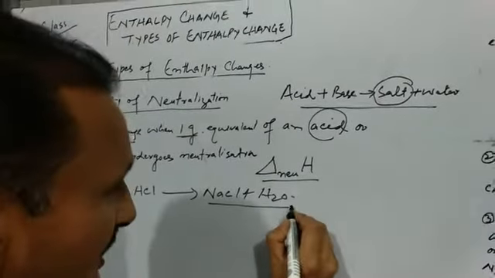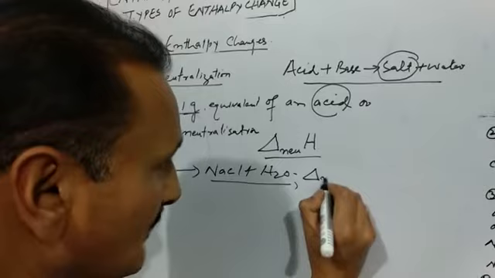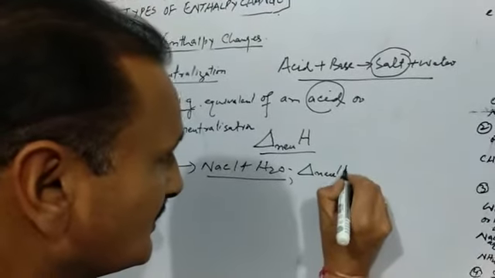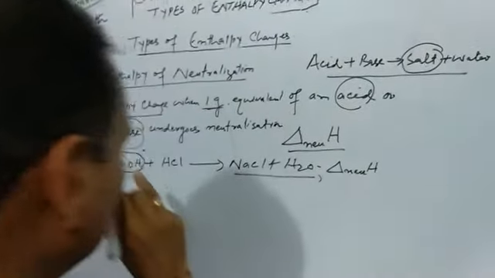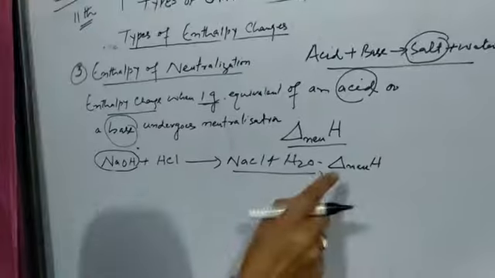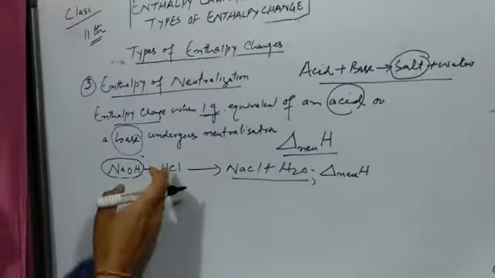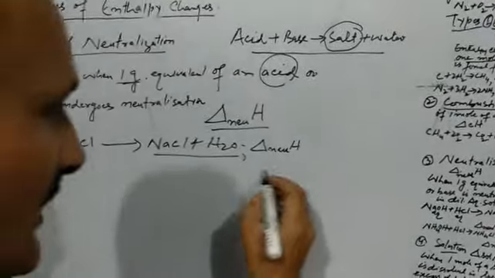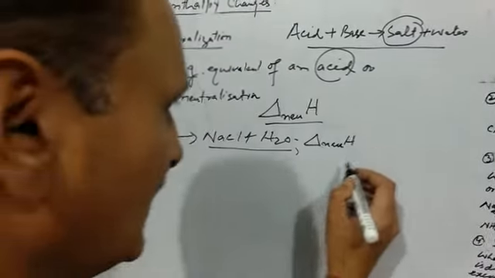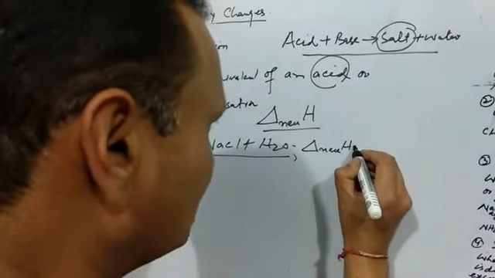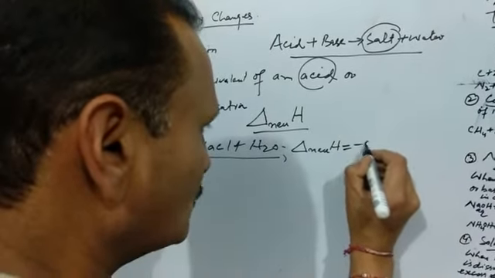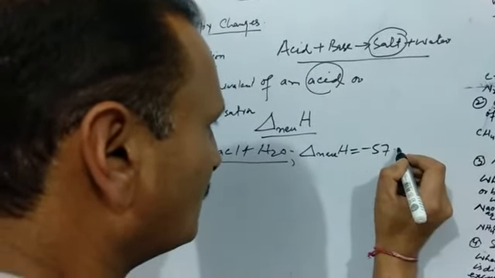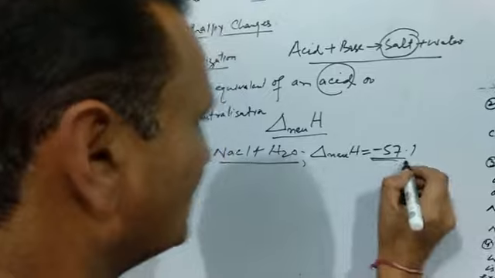Here, in this case, for sodium hydroxide and HCl, because both are 1 mole, the enthalpy of neutralization is minus 57.1 kilojoule. That is, it is an exothermic reaction.